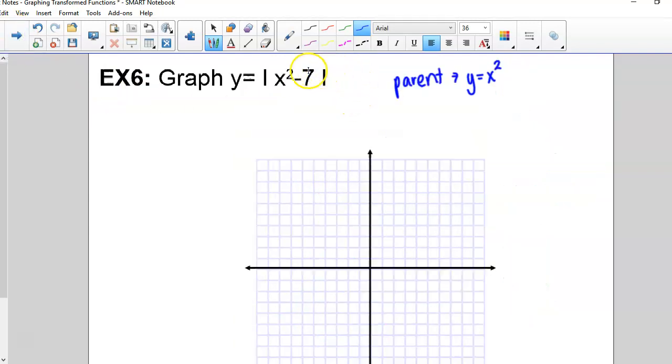If you have anything strange on the inside of the graph, besides just an x or a plus 7 or maybe a 3x or something like that, then the absolute value bars are not your parent function. Okay, so what we have to do for this is completely ignore the absolute value bars at first. We have to pretend like they're not there at all.